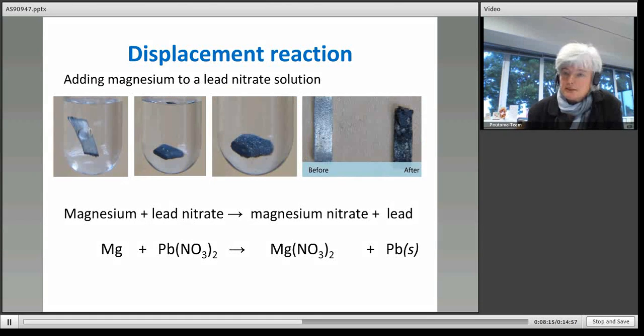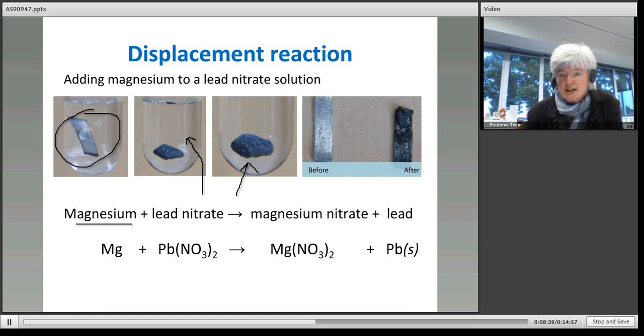Now, this is different to the previous one because we don't mix two solutions, we have a solid that we add to a solution. In this case it's the magnesium that's the solid, and the solution is lead nitrate. So when we add magnesium to a solution of lead nitrate, can you see there's a change?